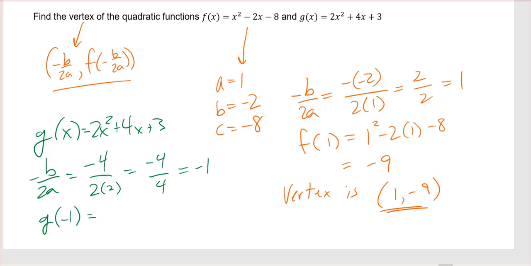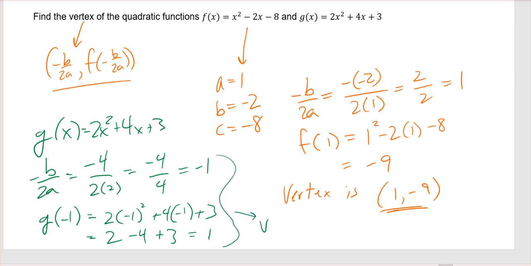We're just going to put a negative 1 here. So we got 2 times negative 1 squared plus 4 times negative 1 plus 3. And we can compute this, right? That's just going to be 2 minus 4 plus 3. So we've got negative 2 plus 3 would be 1. And we would say here our vertex is negative 1, 1. And yeah, we're finished there.